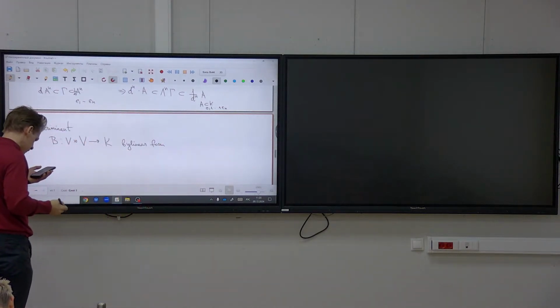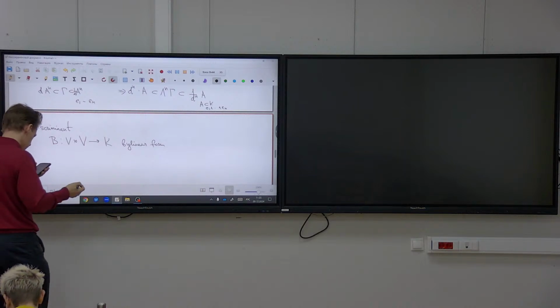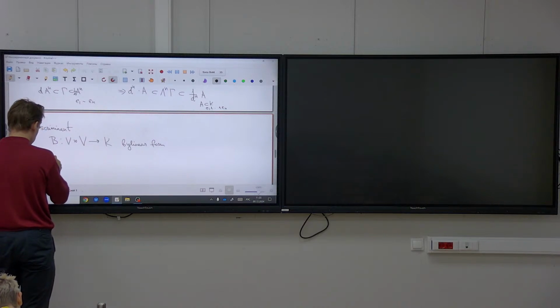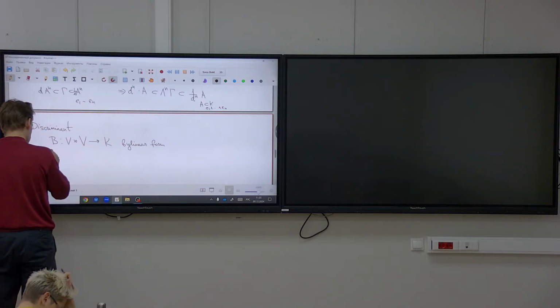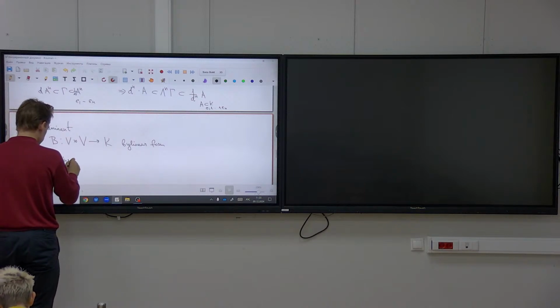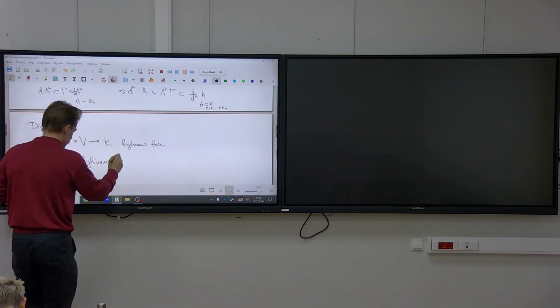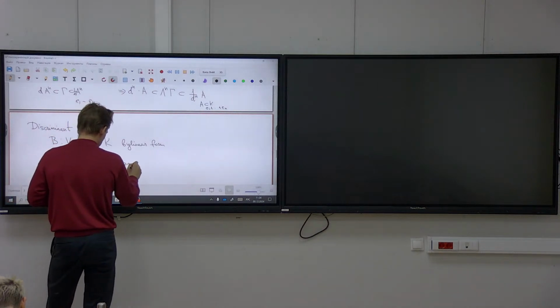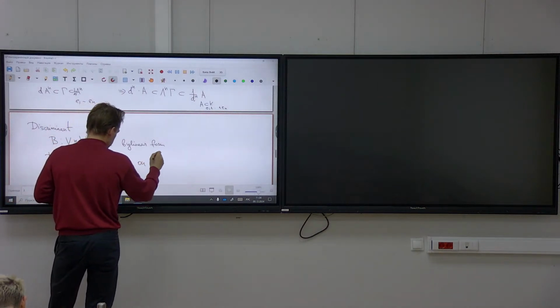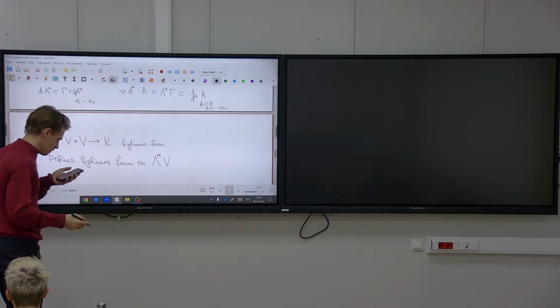You can define a bilinear form on lambda k V, by writing down what?